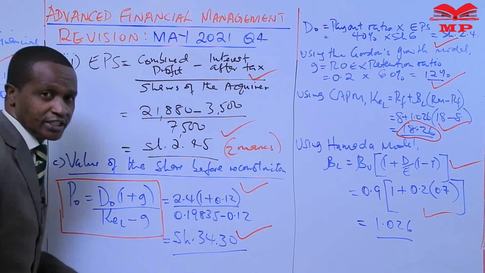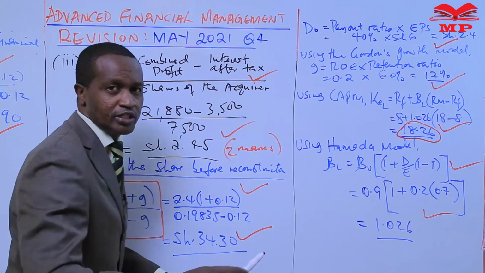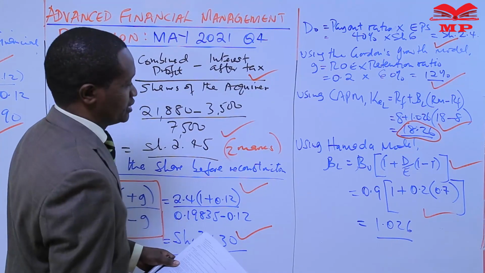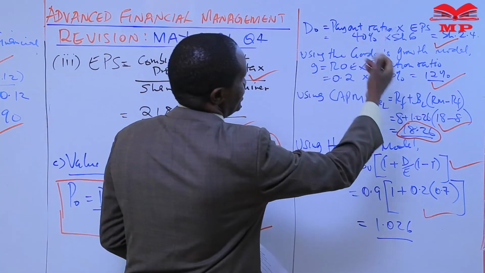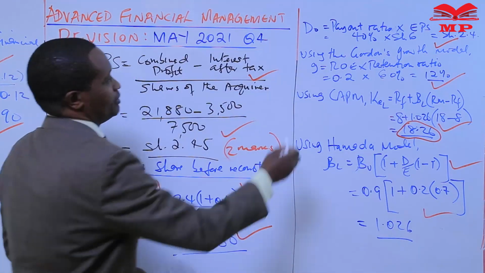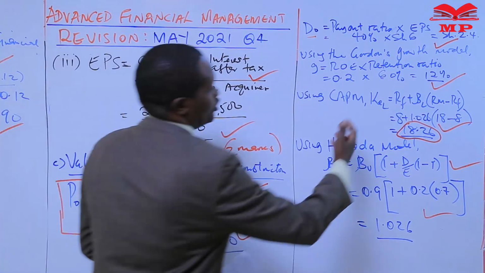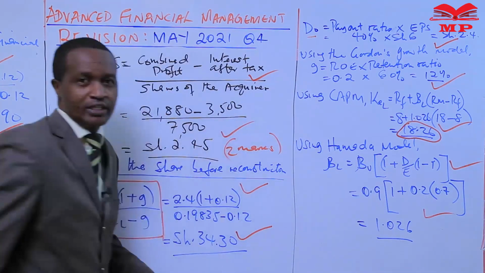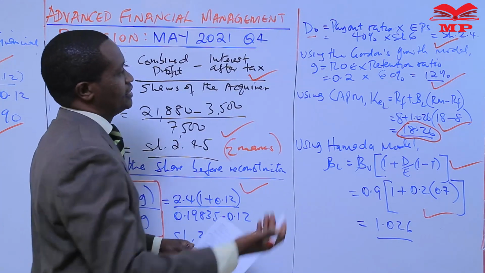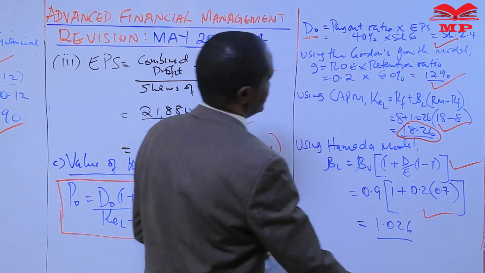Dividend per share can be the total earnings attributable to shareholders divided by the number of shares. Sometimes you can be given the payout ratio and the EPS, so that you can determine the D naught. So if calculating D naught, you get a mark. You may not remember the Hamada model, but you can at least get the marks for the DPS.